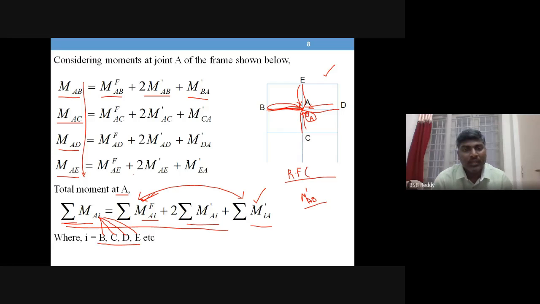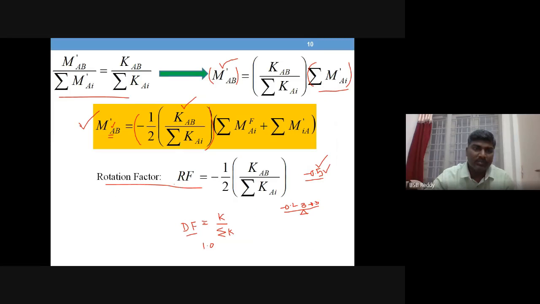Plus how to calculate rotation contribution, what the formula is, and how to develop that formula. All this has been discussed.